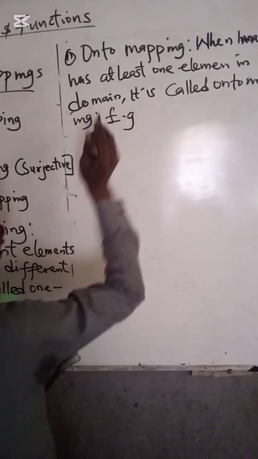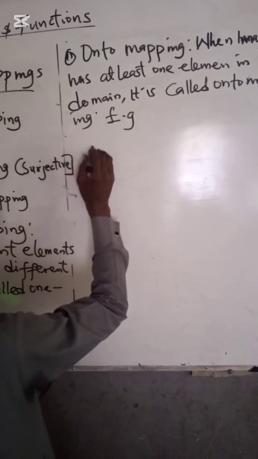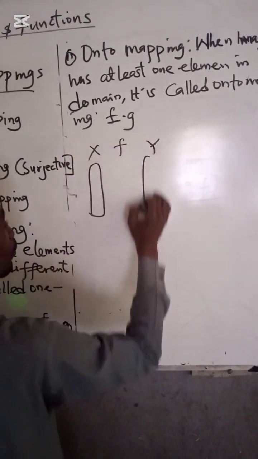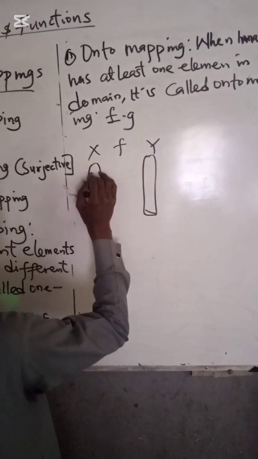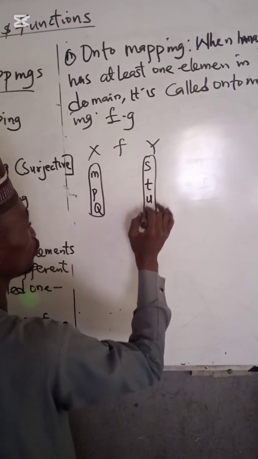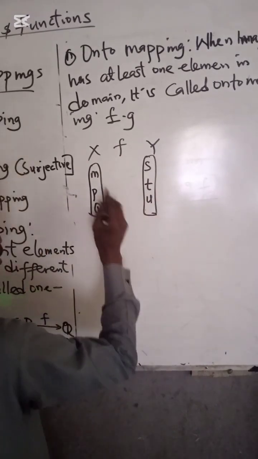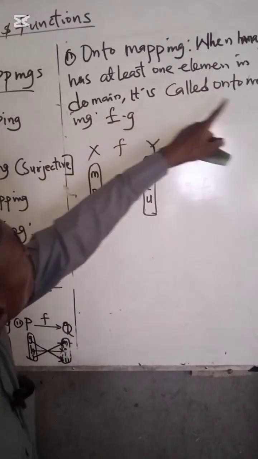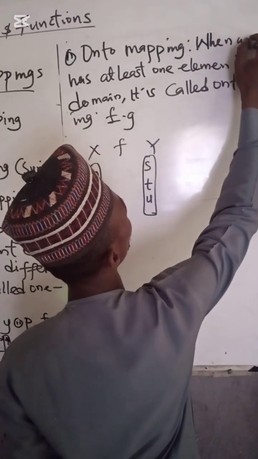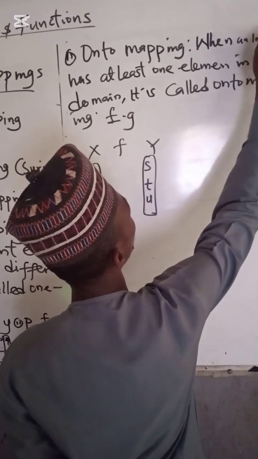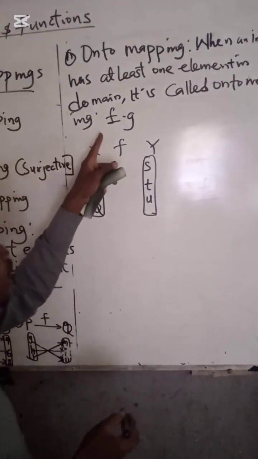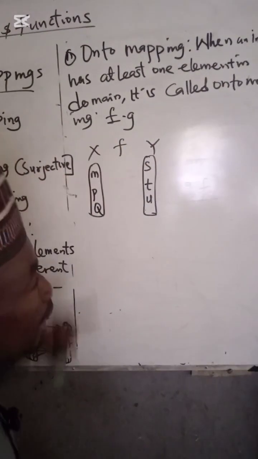For example, look at these two relations below. One, if you have something like this relation, let's say we have M, P, Q, and S, T, U. Now, we said when an image has at least one element in the domain, it is called onto mapping.